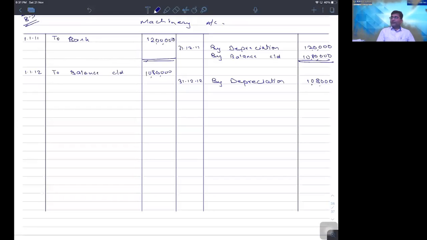As no information is given with reference to the year that has been followed, we have presumed financial year or the calendar year. Either way your answer will be considered correct. By balance carried down, that comes to 9,72,000. Is it right?